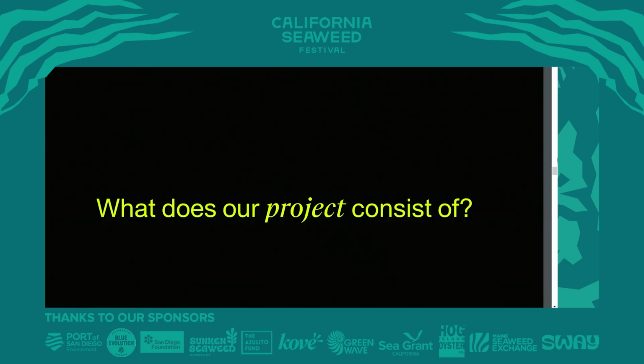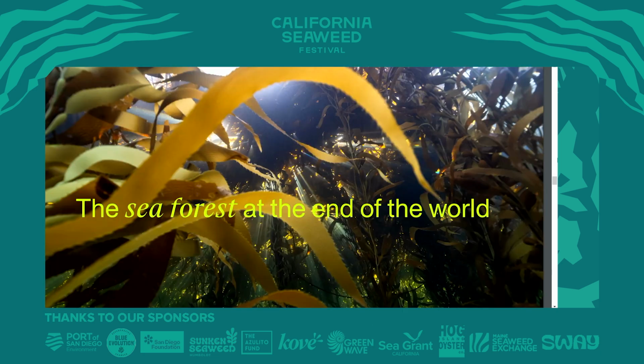So what does our project about kelp forest consist of? We call it the sea forests at the end of the world because Por el Mar has been working in the last tip of Argentina, which is the island of Tierra del Fuego.